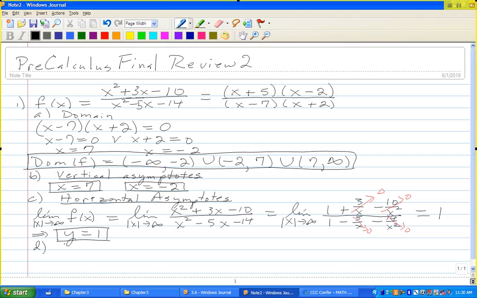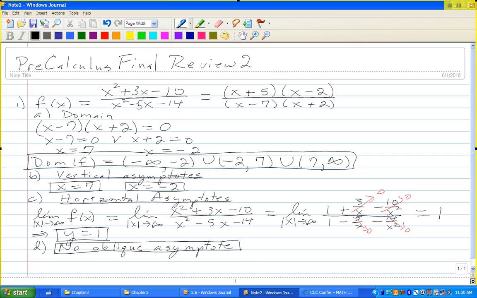So, no oblique asymptote. As x is very large, this tends to a number. It doesn't tend to a higher order polynomial.